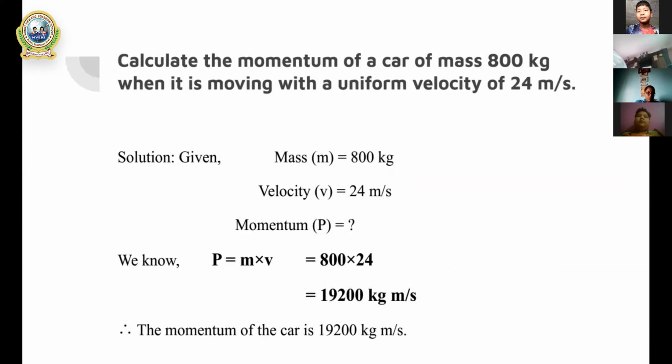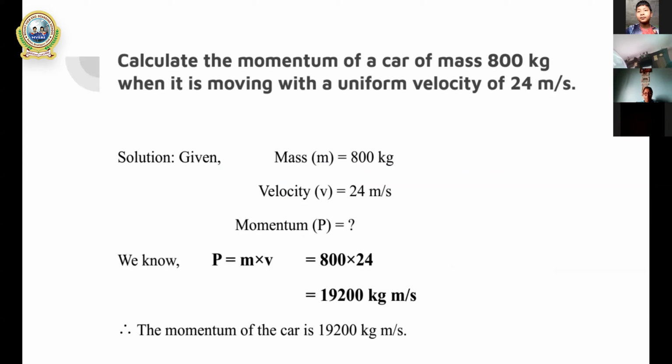Numerical problem. If you are still in the class, you can note this down in a copy too. One numerical problem related to momentum: calculate the momentum of a car of mass 800 kg when it is moving with a uniform velocity of 24 meter per second.